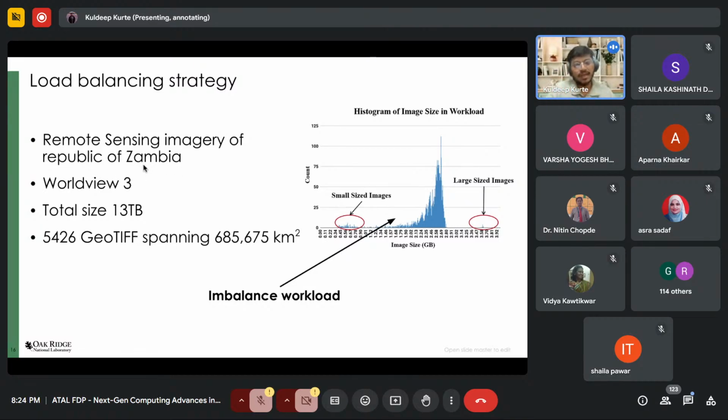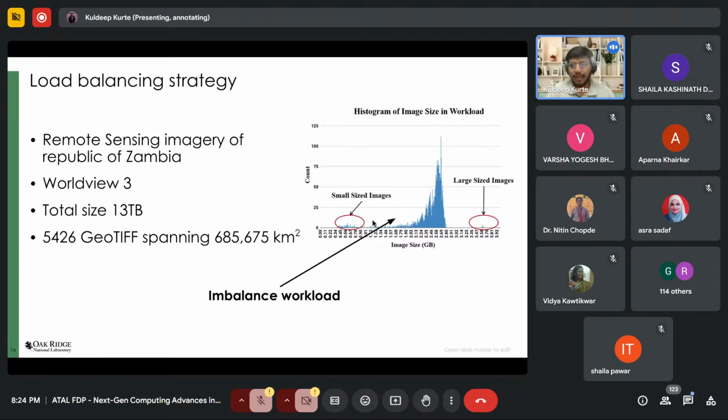As I already mentioned, we use the remote sensing imagery of a country called Zambia, and its overall area was close to 680,000 square kilometers. The satellite images that we used were captured by the Worldview 3 satellite. The total size of the entire data, which comprised 5426 images, was 13 TB.